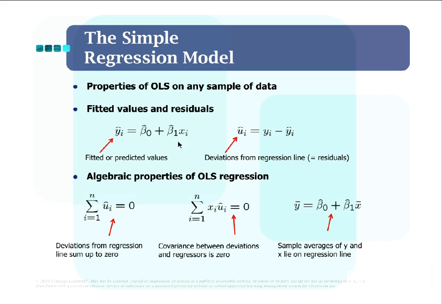And then we can compute the so-called residuals, or the deviation from the regression line. The actual yi is what we observed, and this yi hat is computed by using the OLS estimates beta 0 hat and beta 1 hat. So we get this deviation ui hat.